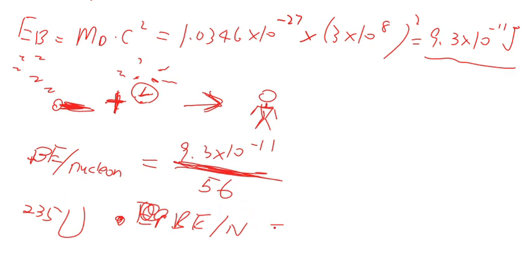The binding energy of uranium is going to be less than that of iron 56, Fe. Binding energy per nucleon. So that we have something like this.